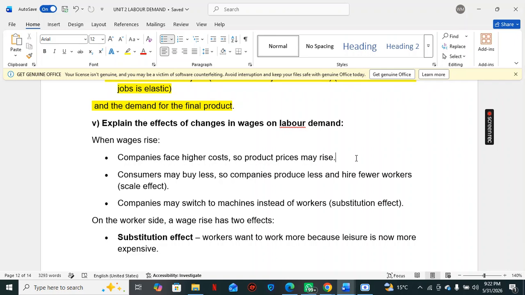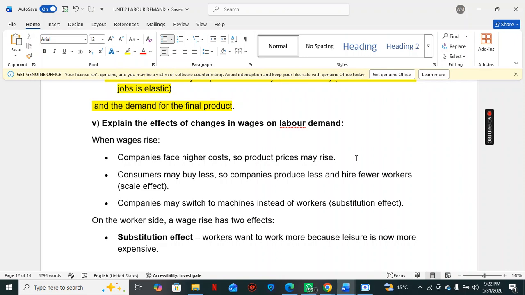Let's look at the example we used for Trade Kings. They may still need those 1,000 workers and still maintain that production of 100,000 units. So, in order to do that, Trade Kings is going to increase the price of the good they're producing.